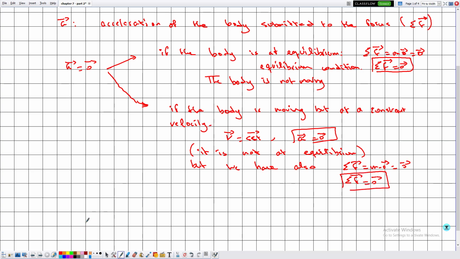So in brief, sum of forces is equal to 0, which, using Newton's second law, may be due to two reasons. The first one is v equal to a constant, or at equilibrium.